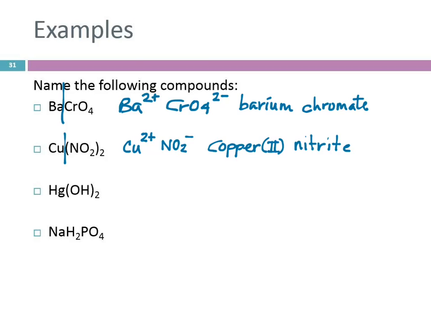Now, if you spelled chromium wrong, maybe you left the H out, would that be a huge deal? No. If you spell nitrate wrong, if you put A here instead of I, or you put a D instead of a T, that is the correctly spelled name of a different ion, and so then it is wrong, okay?